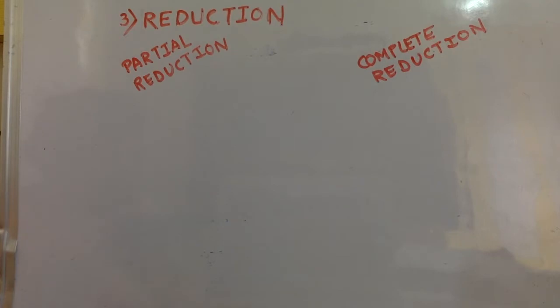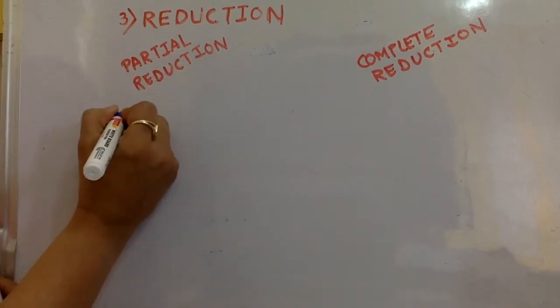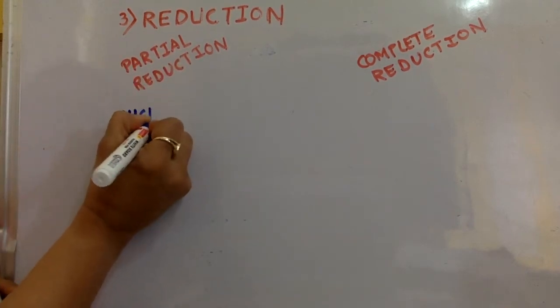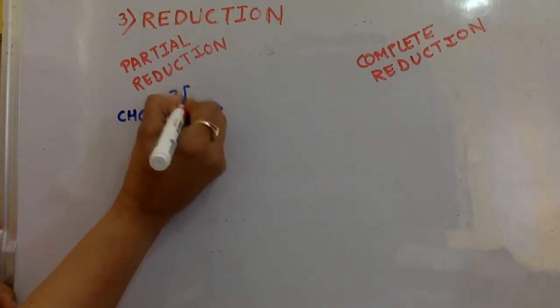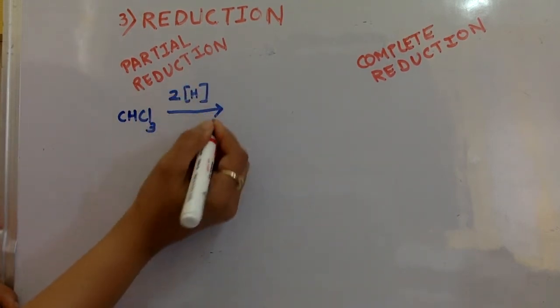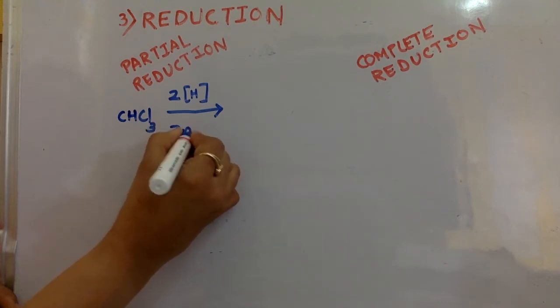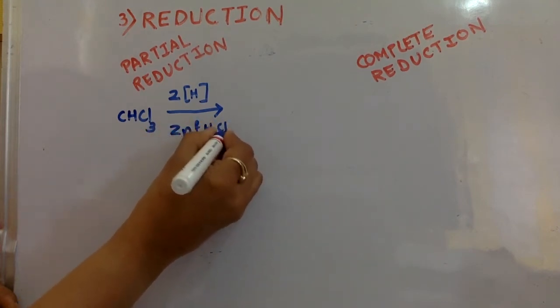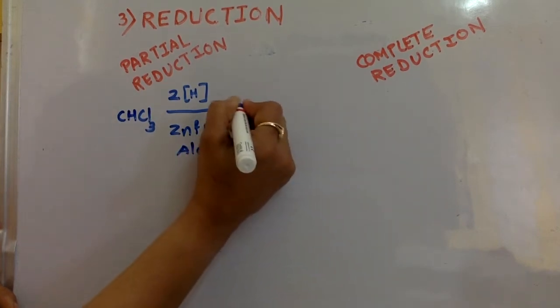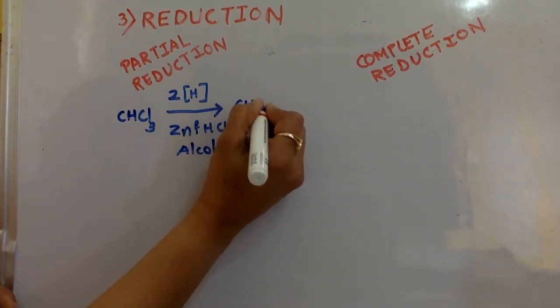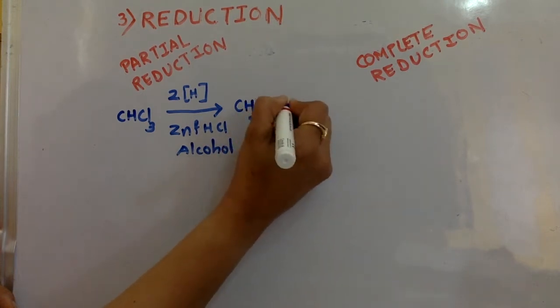Now, let us see how the partial and the complete reduction vary. When I take chloroform, then to reduce it partially, I use only 2 nascent H, and I use a mild reducing agent, that is zinc and HCl in alcohol. As a result, 1 electronegative atom chlorine is out and 1 hydrogen is added.